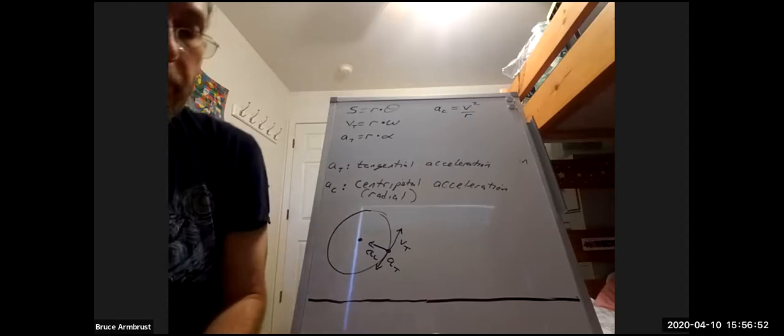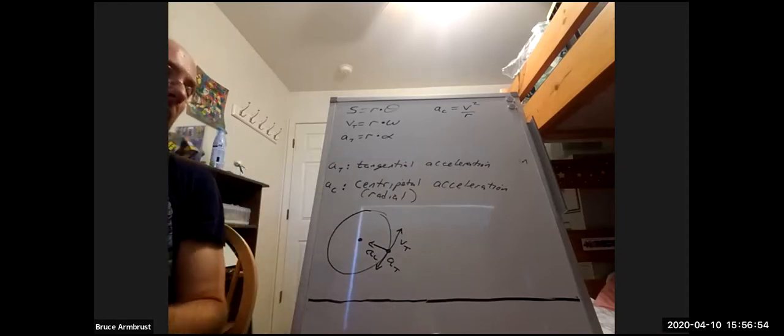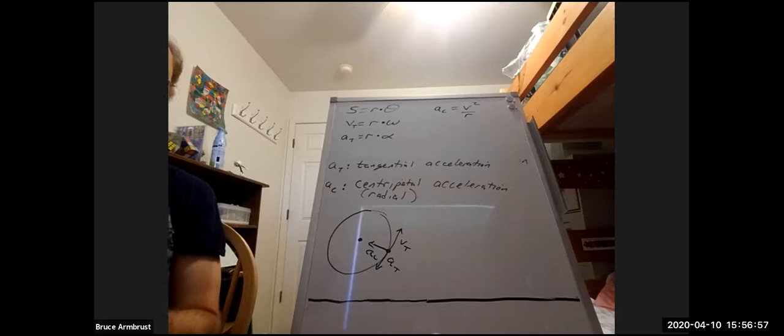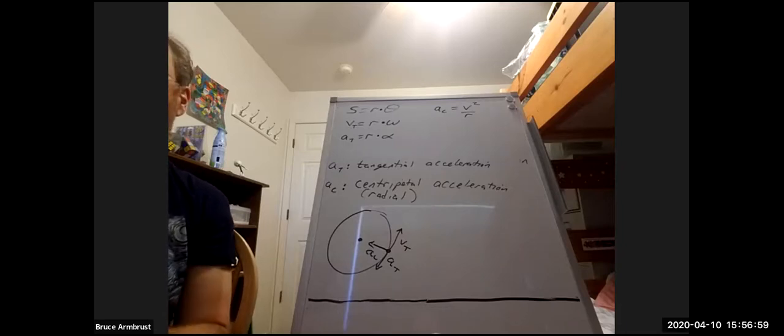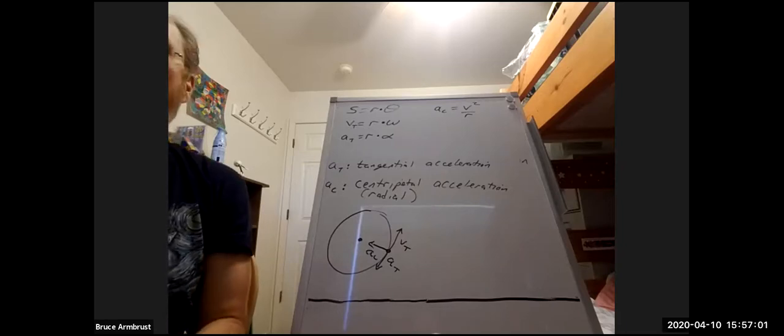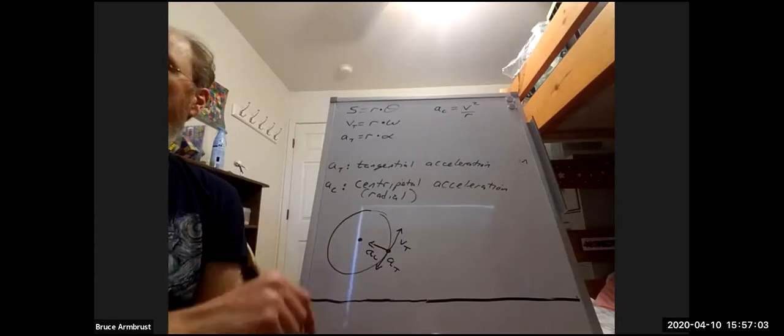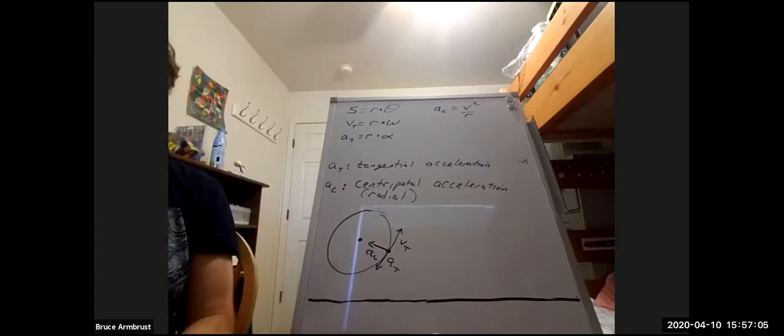If you'd like, at some point I can derive that, but I'd rather not, so I'm just going to recommend you go back and look. I don't know which chapter it's in, but it's going to be one of the earlier ones, like chapter 3 or 4. But we're going to make use of this a lot, because centripetal acceleration is kind of a big deal.